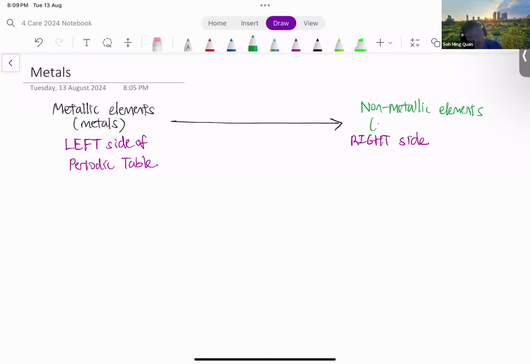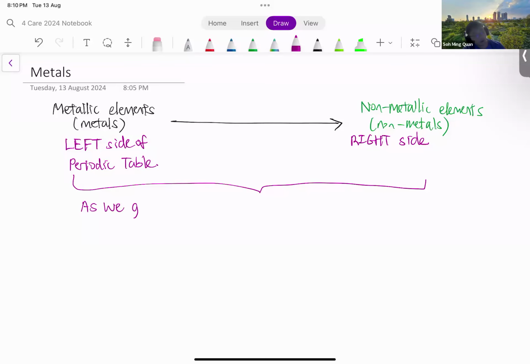In short, non-metals. Okay? So if you look on the right-hand side, you see things like fluorine, chlorine, oxygen. These are examples of non-metals. And I'm sure you already know that. But the conclusion that we can get from this is that as we go from left to right, the metallic character decreases.